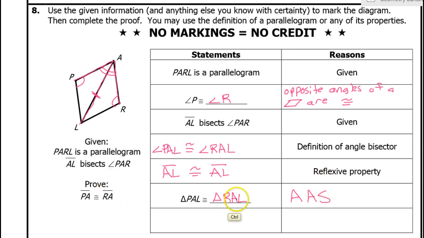Okay, but that's not all we were being asked to prove. We were asked to prove that specific parts, these segments, are congruent. So whenever you have already proven that the triangles are congruent, and then you have to go on to show that specific corresponding parts are congruent, I bet you can guess what the reason's going to be.